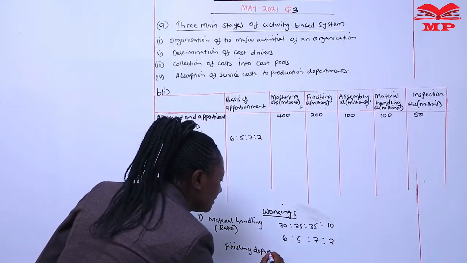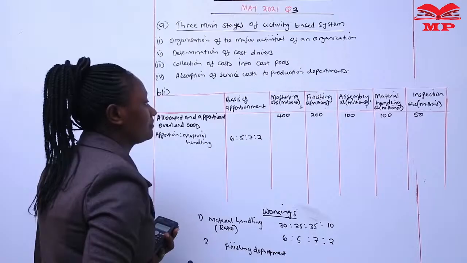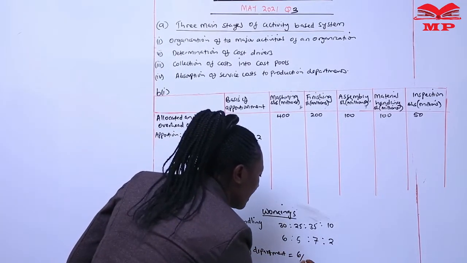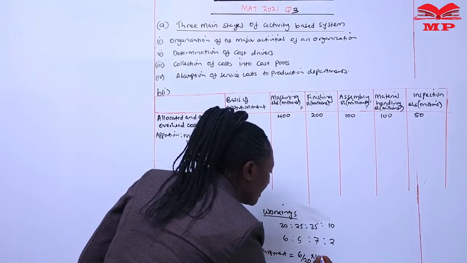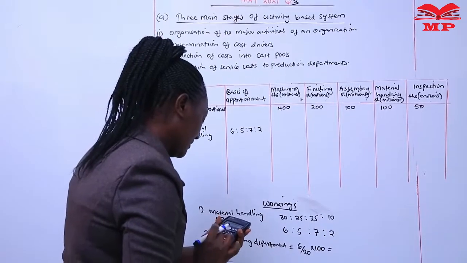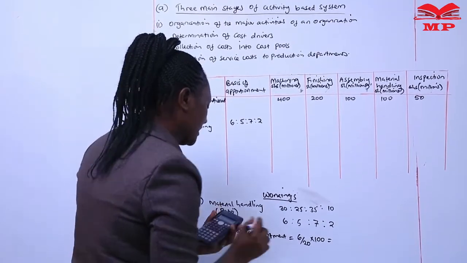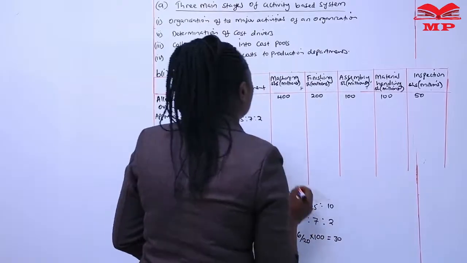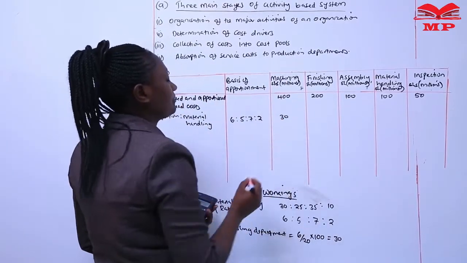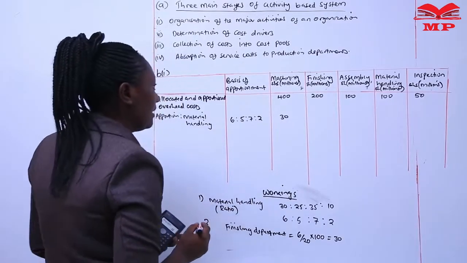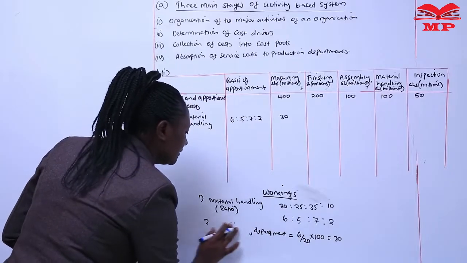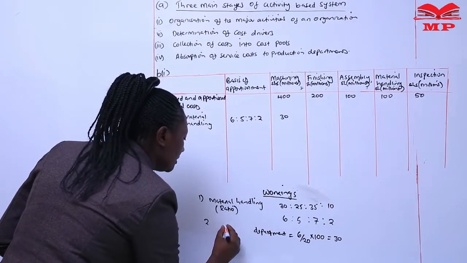Machining will be equal to 6 over 20 times 100. 6 over 20 multiplied by 100, and this will give us 30. So we apportion that 30 to machining. We do the same to, this was machining, not finishing. This was machining.